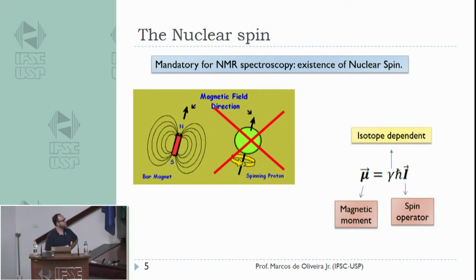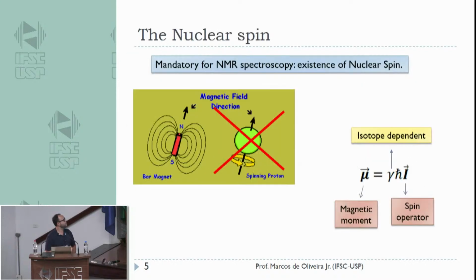The constant is Planck's constant to give the units, and the spin operator is an angular momentum operator. It has all the algebra of angular momentum in quantum mechanics. And associated with it, we have a magnetic moment. That's the main property of the nuclei that I'm going to discuss now.